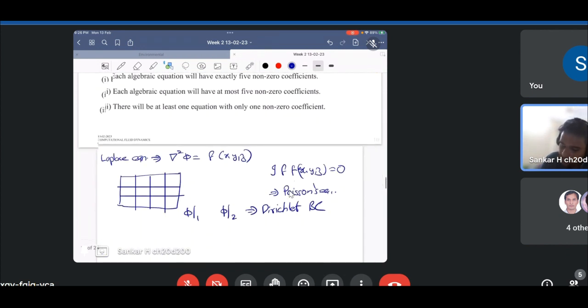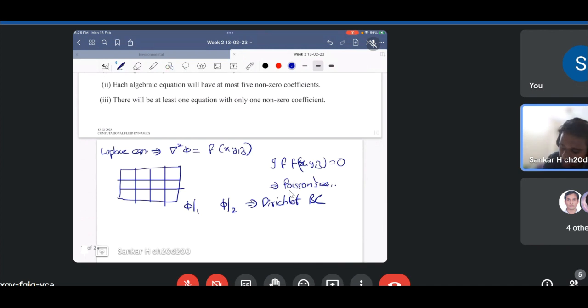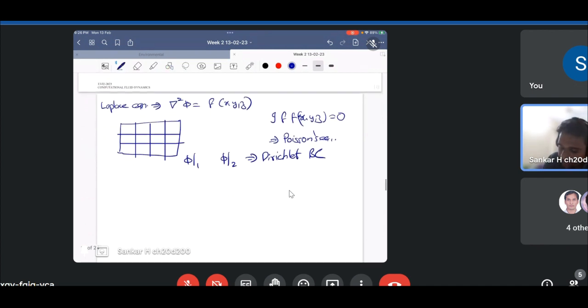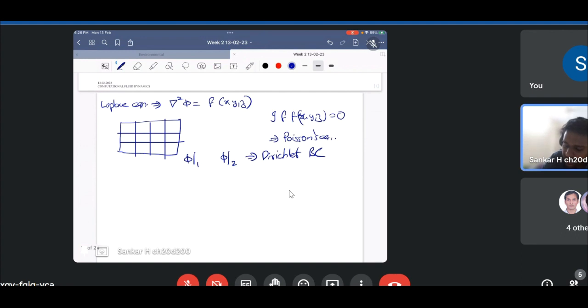Now, if we are to solve this equation, we get del square phi equal to 0. That means, taking the x and y coordinate system, dou square phi by dou x square plus dou square phi by dou y square will be some f.